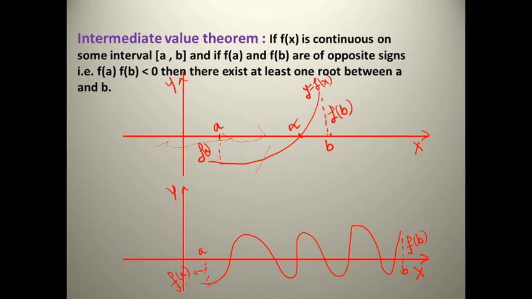So what we find? F of B is above the x-axis, so positive, and f of A is below the x-axis, so this will be negative.